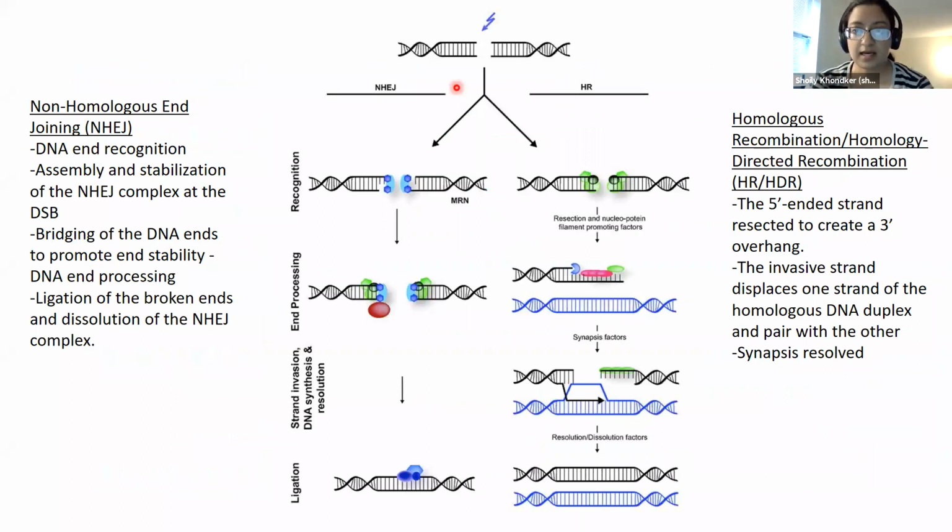And then for double-strand breaks, there are two methods to repair this type of DNA damage. Both can be used for the same purpose. Homologous recombination, or homology-directed recombination, is more accurate, but it requires the presence of a template strand, which may or may not be necessary depending on where in the cell cycle the cell is.